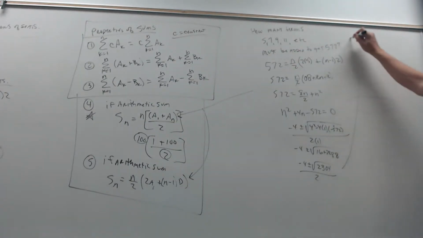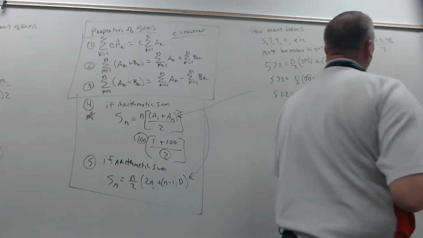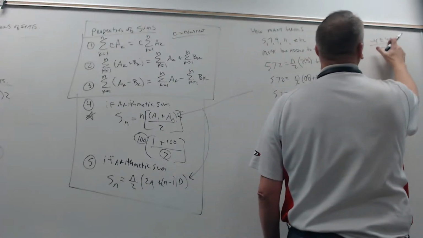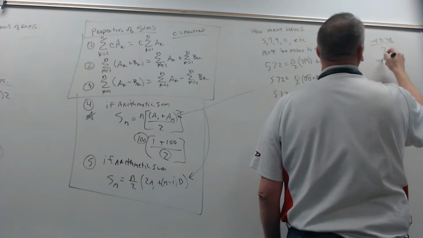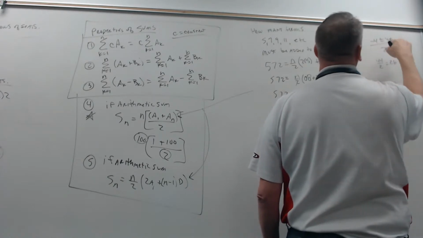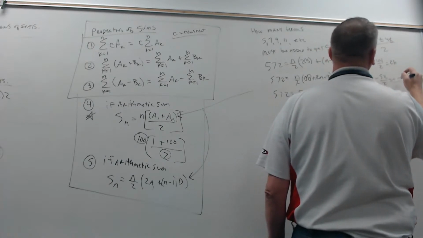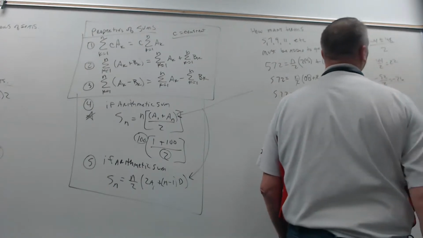Okay, so then negative 4 plus or minus 48, all over 2. Negative 4 plus 48 is 44. 44 divided by 2 is 22. And negative 4 minus 48 is negative 52 over 2, which is negative 26.